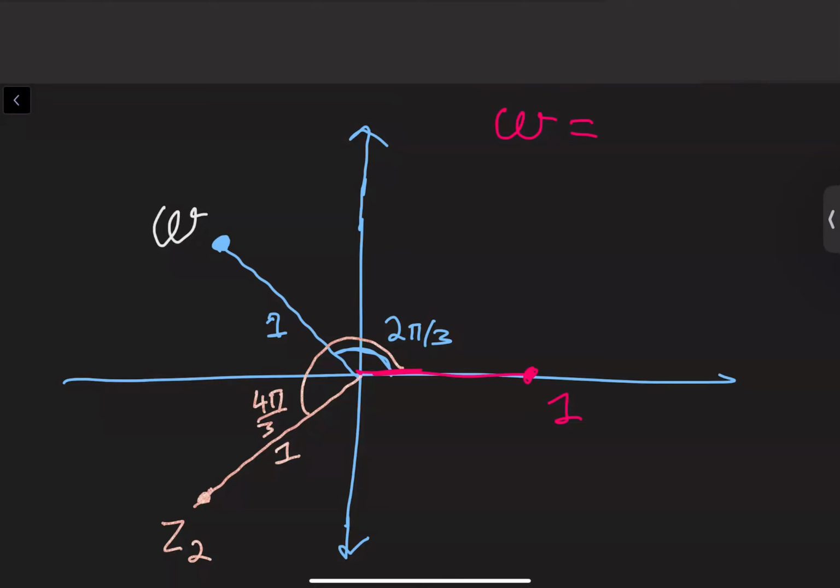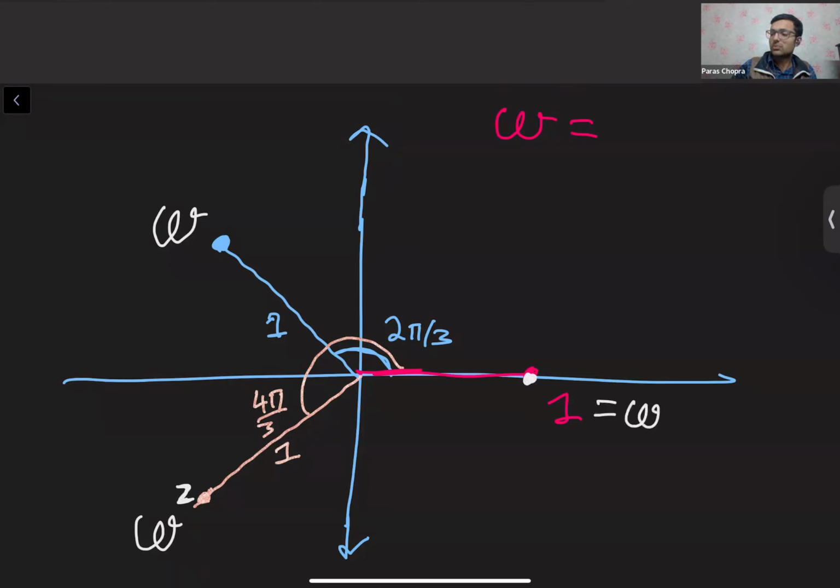It has a special name like iota. Instead of z2 this number is called omega square. Okay. So we have named these complex numbers as omega and omega square. And instead of 1 this is also known as omega cube. Okay. Omega cube is also equal to 1.